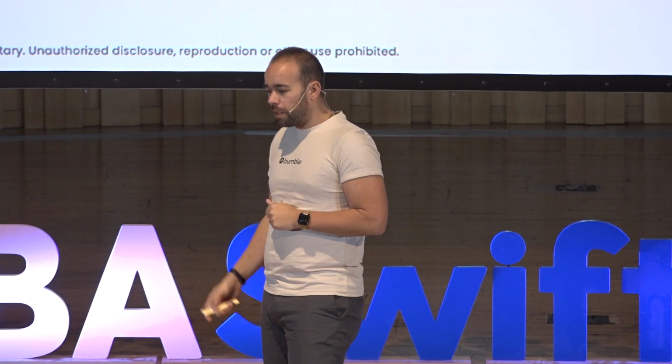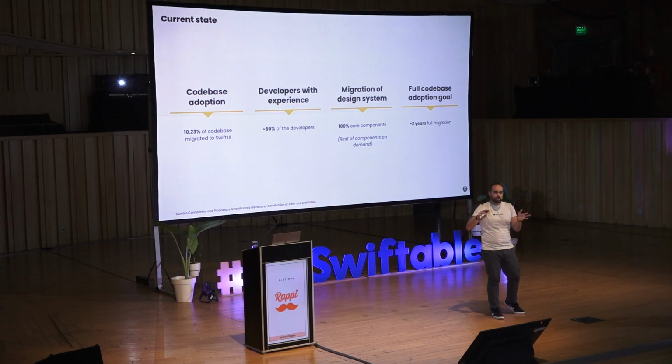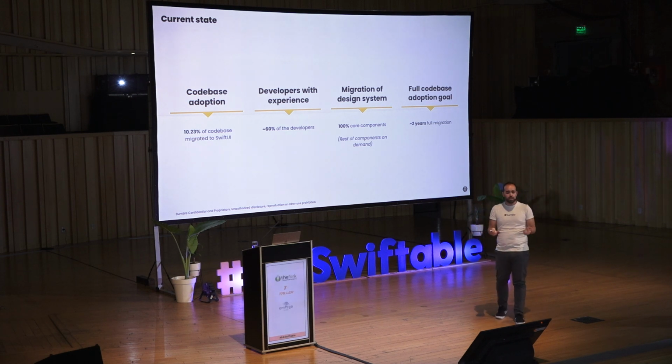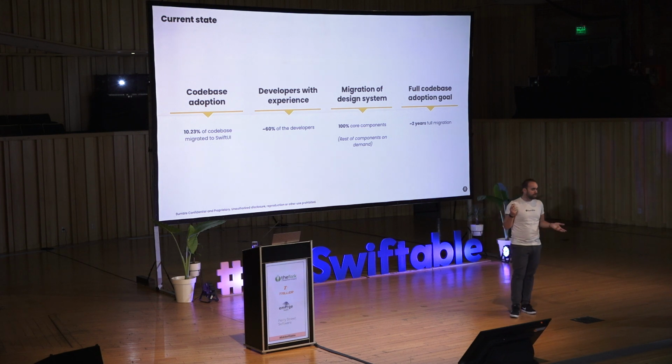And then we have a plan for the full code base adoption. We have a goal, which is we aim for approximately 2 years for full migration. Maybe this is not the goal of your companies, it's fine. This is our goal, we wanted to do it.